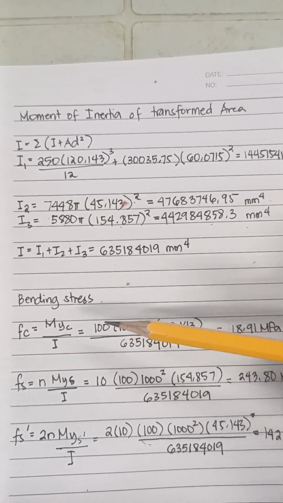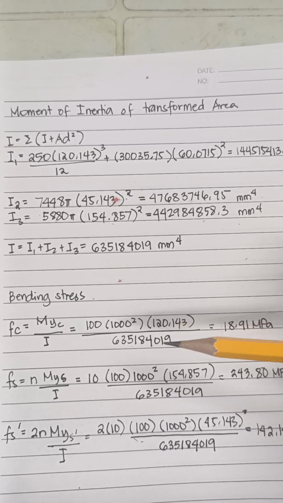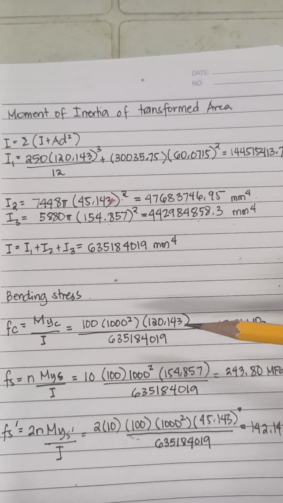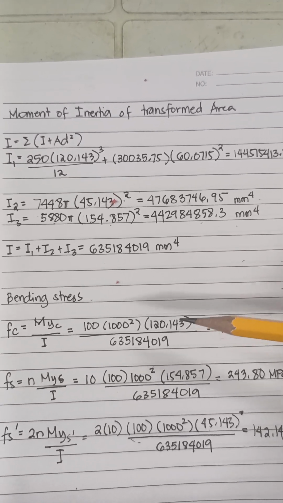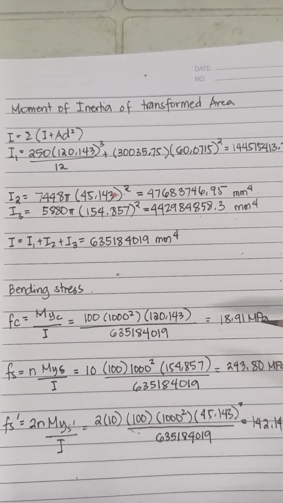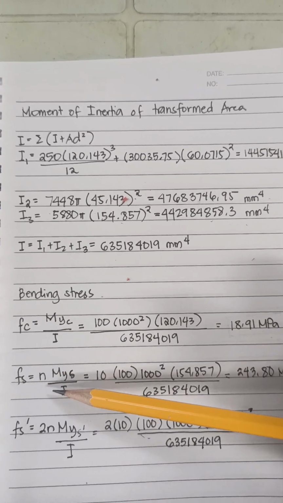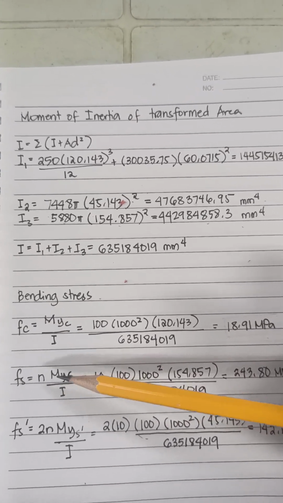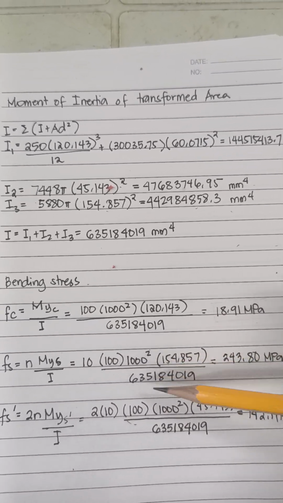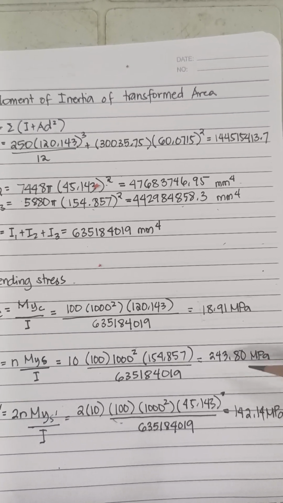We have M, which is 100 times 1,000 squared to make it newton-mm, times yc, from the neutral axis to the extreme compression fiber, 120.143, divided by I, and we will have 18.91 megapascal. Next is fs for the steel. We have n times My over I, so we have these values, and the answer is 43.80 megapascal.